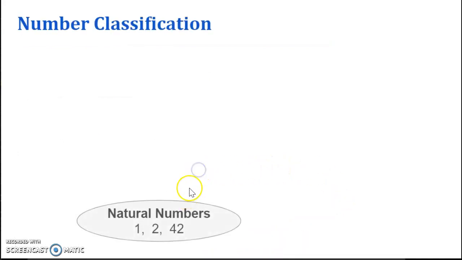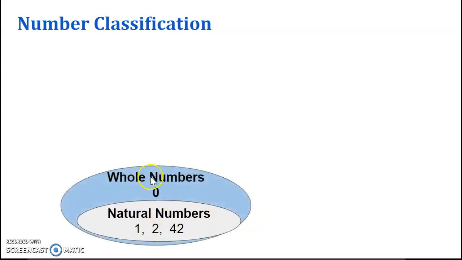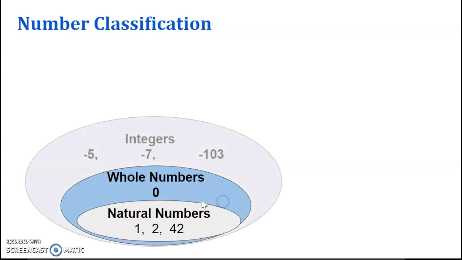So with that, here is a Venn diagram. Natural numbers are numbers like 1, 2, 4, 42, and so on. But if I introduce 0 to the natural numbers, now we're in the realm of whole numbers. So whole numbers include 0 and the natural numbers. But then integers include positive and negative numbers.